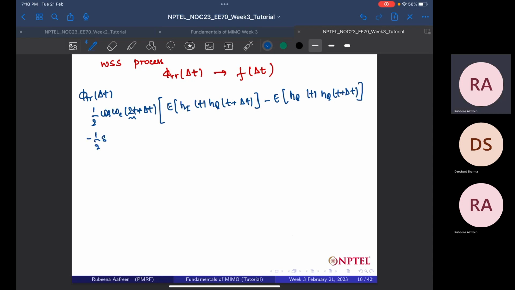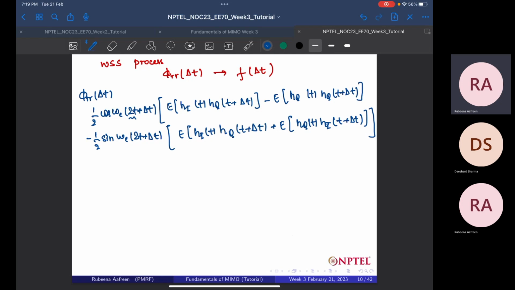The other term is minus half sine omega c (2t plus delta t) into expectation of hI(t) hQ(t plus delta t) plus expectation of hQ(t) hI(t plus delta t).